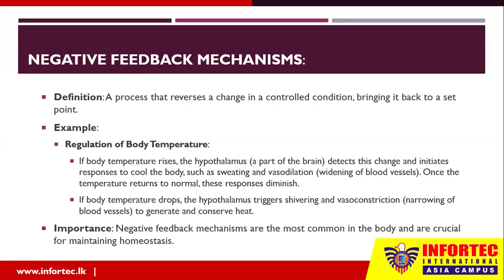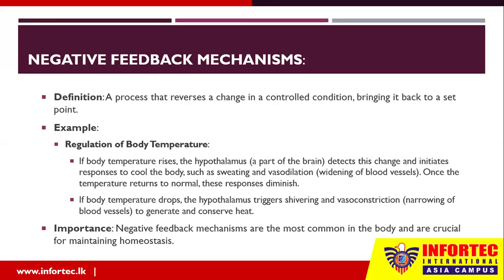So negative feedback mechanism. The definition is a process that reverses a change in a controlled condition, bringing it back to a set point, right? It means this is our body's main method of maintaining homeostasis, right?